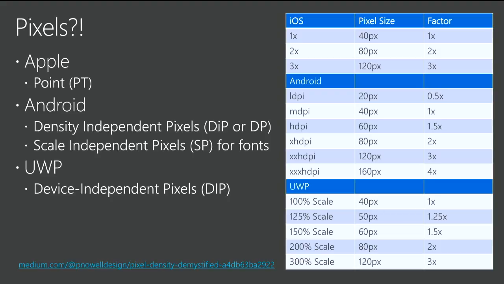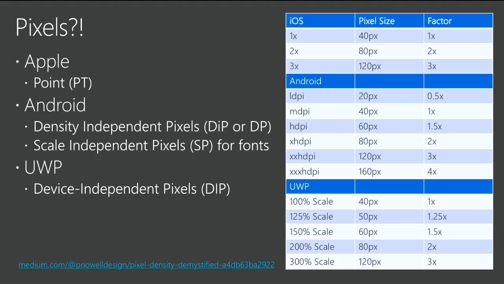So Apple, they use what's called the point. Android has density independent pixels, or what's commonly referred to as DIPs or DPs. And then UWP uses device-independent pixels. And again, this is something that Xamarin Forms does a nice job of abstracting away for you so that you can express your units of measure once and it gets translated to that platform so it scales appropriately.